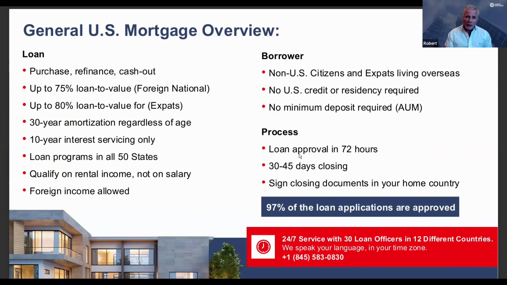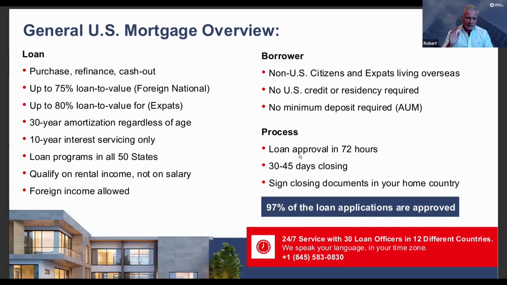You qualify on the rental income, not your salary. Foreign income allowed if you're using the property for self-use and you need to qualify using income. We allow for non-US citizens and expats living overseas. Of course, no credit or residency required, and again, no AUM.